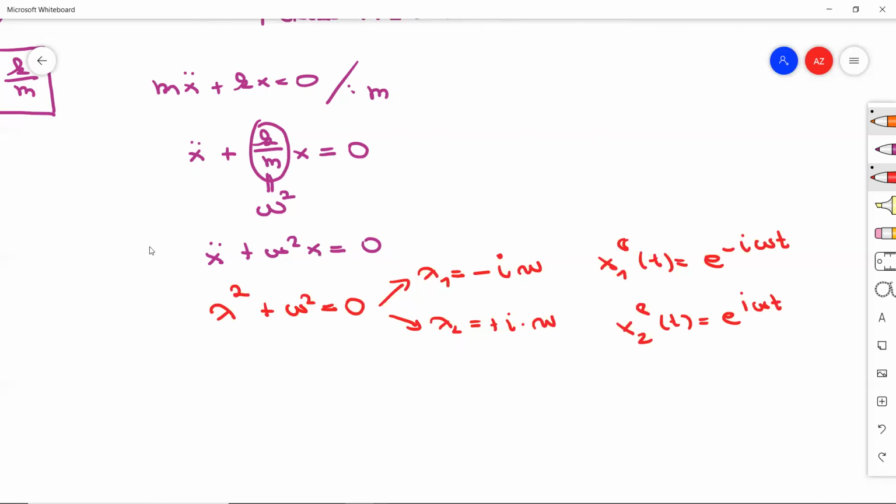So what are then the real solutions? Yes, cosine omega t, the real part of one of the solutions, and sine omega t, the imaginary part of one of the solutions.